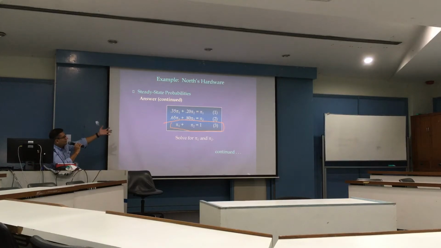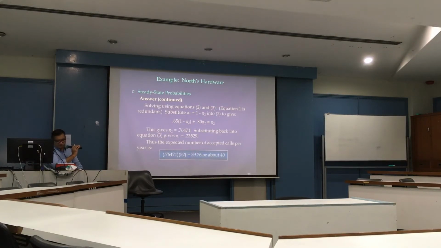We solve for pi 1 and pi 2, and what do we have here? Pi 1 is 0.23529, pi 2 is 0.36471, right? Since we try to find the long run probability of an accepted call, the accepted call is the probability of pi 2.